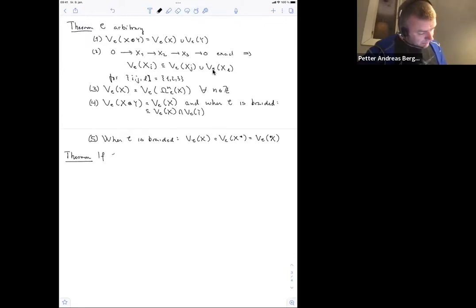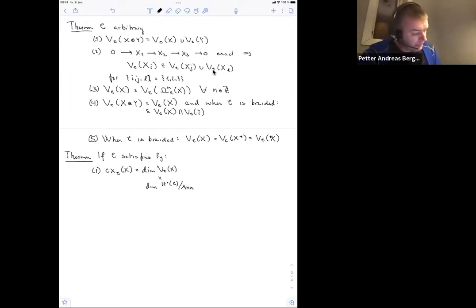So if C satisfies FG, then, first of all, the complexity of an object is the dimension of the support variety. So what's the dimension of the support variety? This is just the Krull dimension of the cohomology ring modulo this annihilator ideal that we used to define the support variety with.